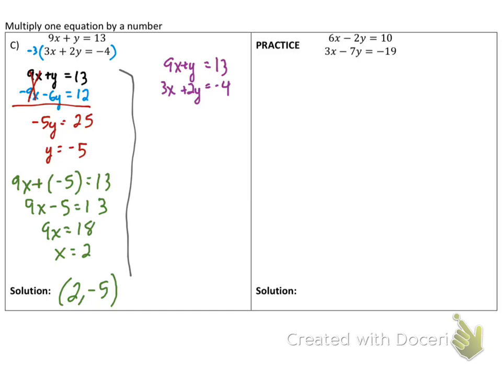Well, I've got a coefficient of 1 in my first equation and a coefficient of 2 in my second equation on those y's. So what number do 1 and 2 both go into? They both go into 2. So I'm going to multiply the entire top equation by negative 2 so that the y variables can have opposite coefficients.